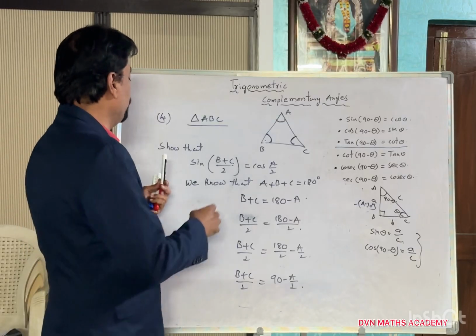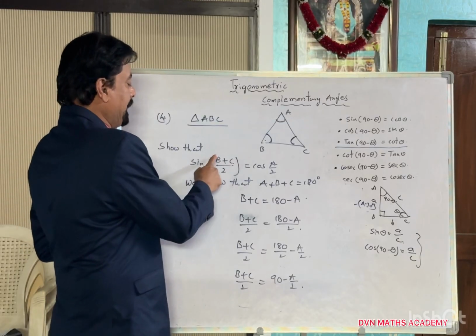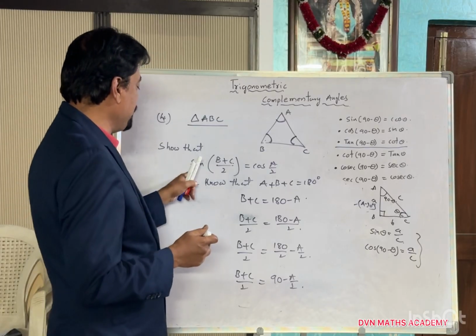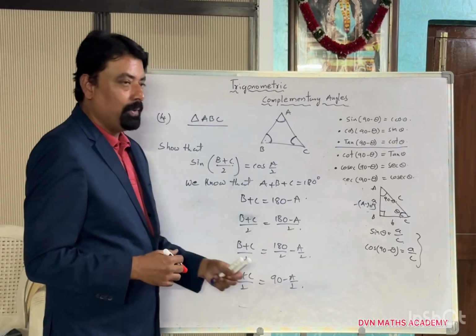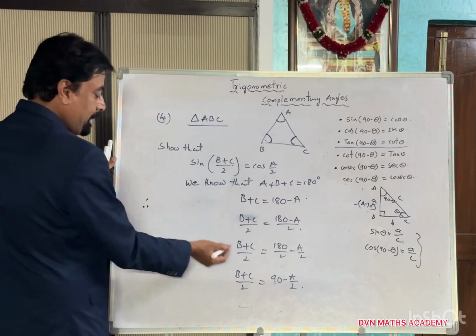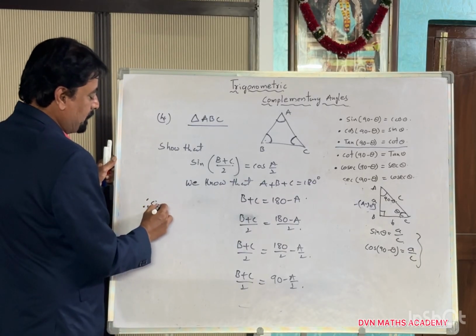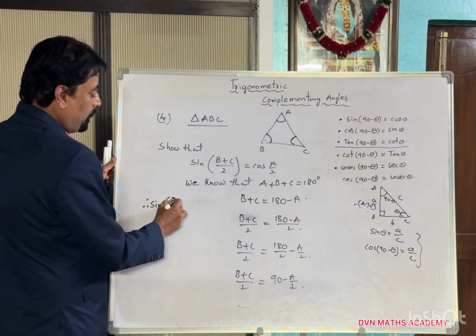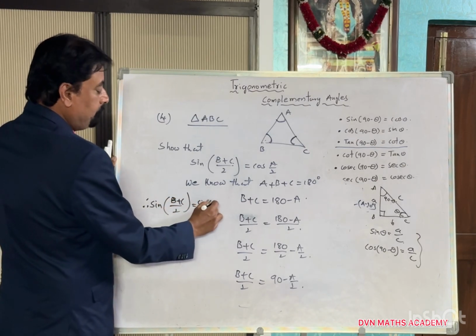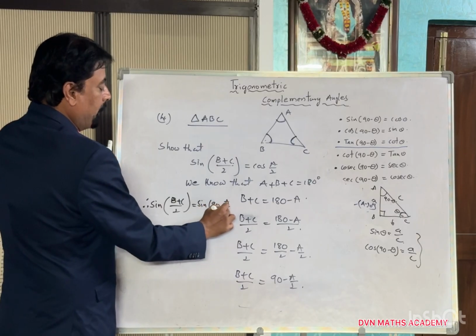So my question is, you need to prove that sine (B plus C)/2 is equal to cos A/2. For that purpose, sine is there in the LHS, so apply sine on both sides. Therefore, sine (B plus C)/2 is equal to sine (90 minus A/2).